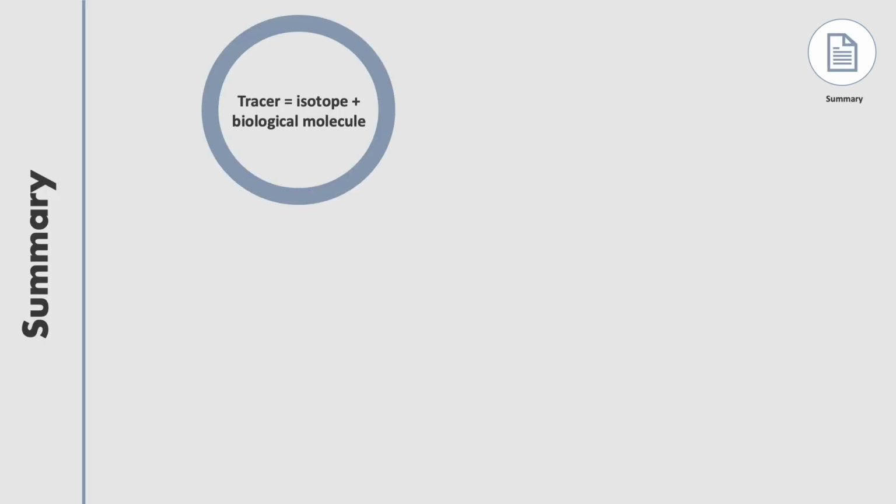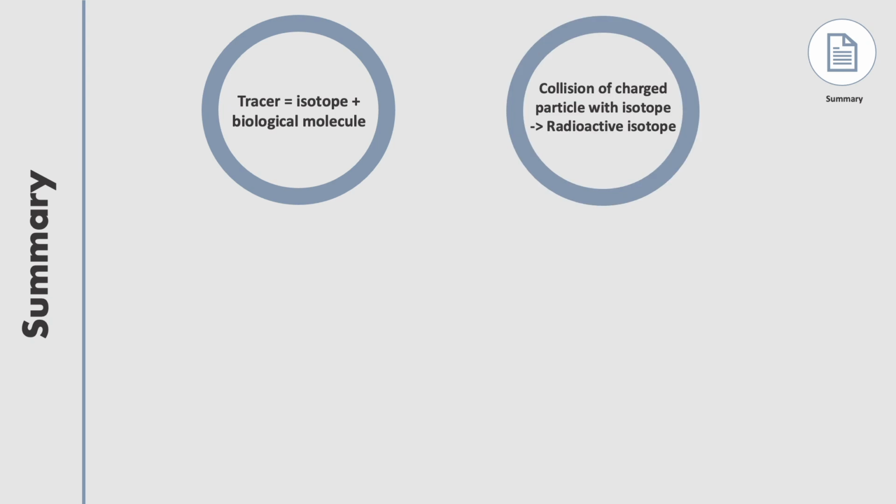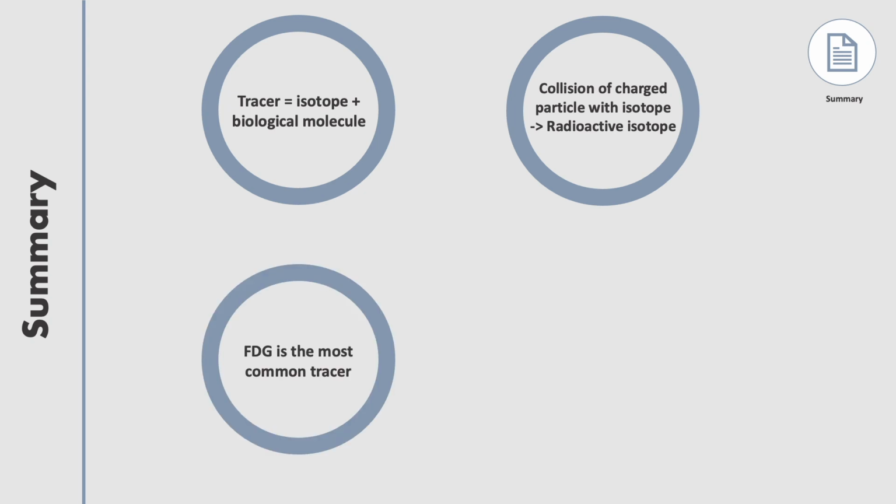Let's sum everything up. A tracer consists of a radioactive isotope and a molecule. A cyclotron accelerates particles to high speeds and shoots them at a stable isotope, creating a radioactive isotope. The most common tracer is FDG, where deoxyglucose is labeled with F18.